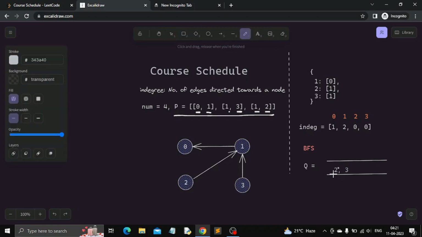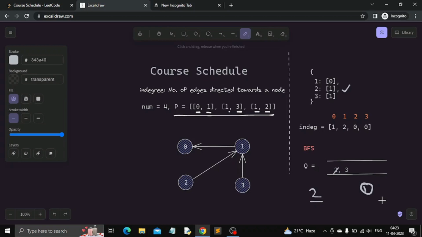So the first vertex is 2. After popping it, we are going to iterate through the neighbors of this vertex. Since course 2 has only one neighbor, which is course 1, it means that now we have performed course 2, so the in degree of all the neighbors of course 2 will be reduced by 1.